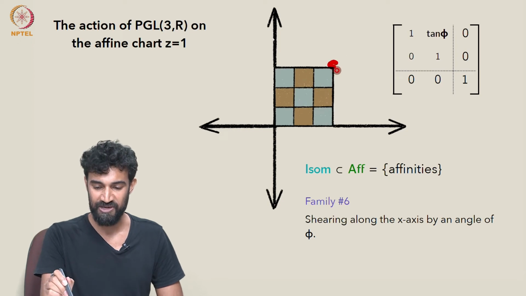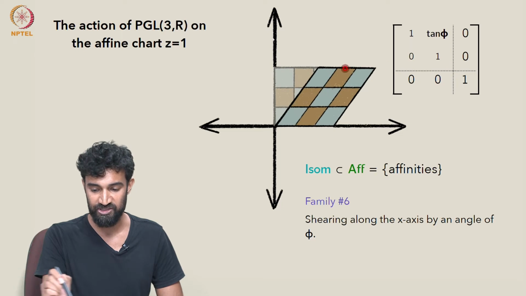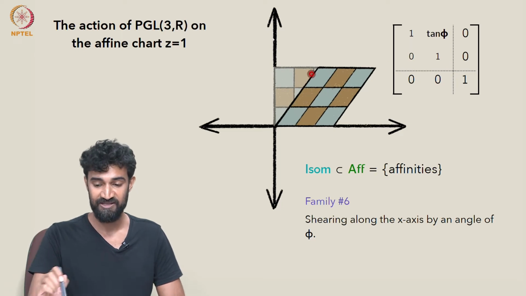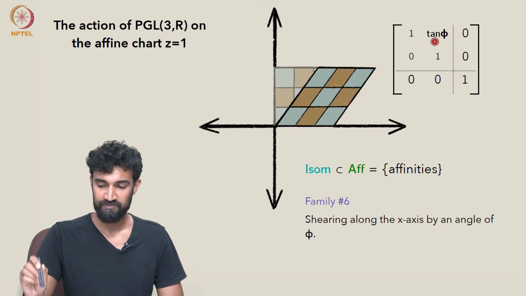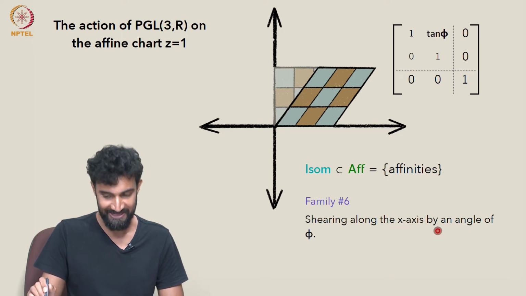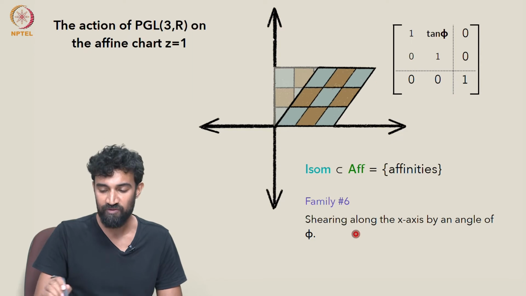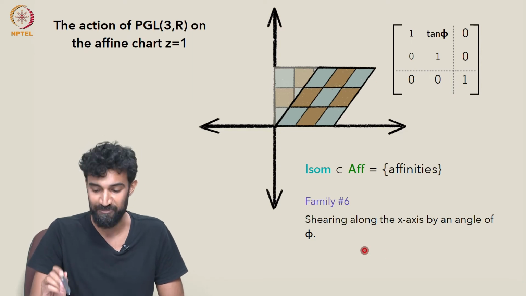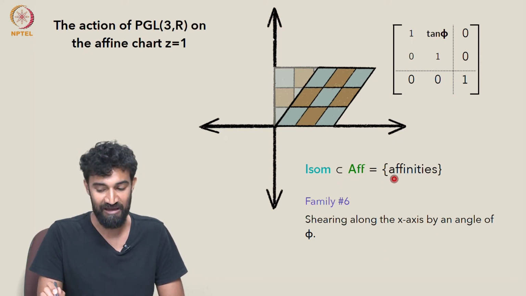Basically I'm stretching this upper right point to any point I want along this line in space. So it's one parameter. I can choose how far I want to stretch it. So that is the shearing transformation along the x-axis. And together, all of these things I've described so far make up the subgroup AF, the family of affinities.